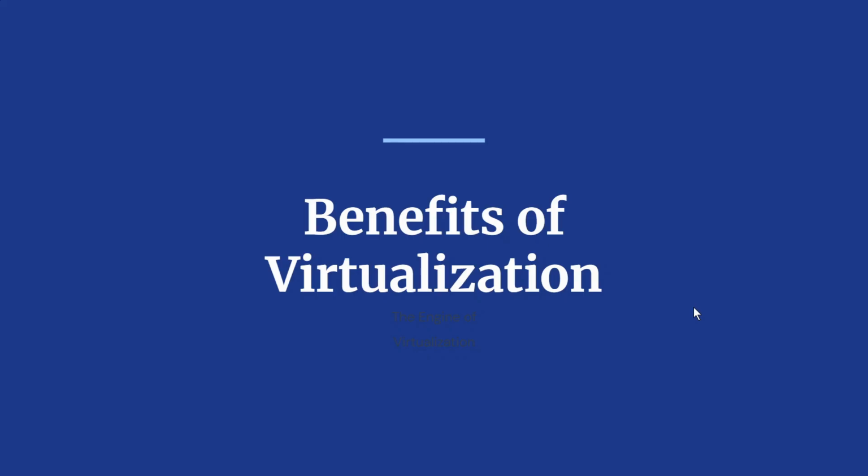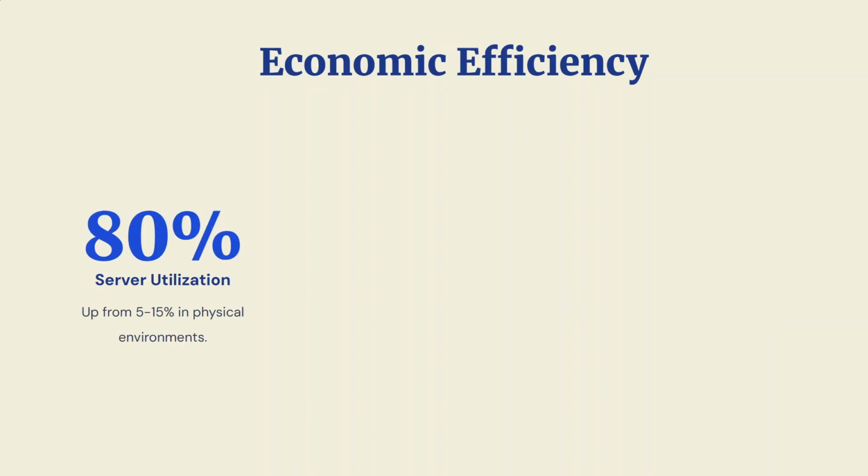Now that we have seen how virtualization and virtual machines work, let's understand what benefits we get from it. Virtualization gives you very high economic efficiency. As we saw in the previous sections, a single OS system's hardware capacity isn't fully utilized. Before virtualization, only about 15% of the total hardware capacity was being used.